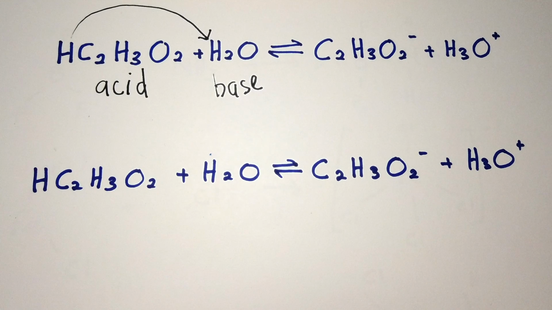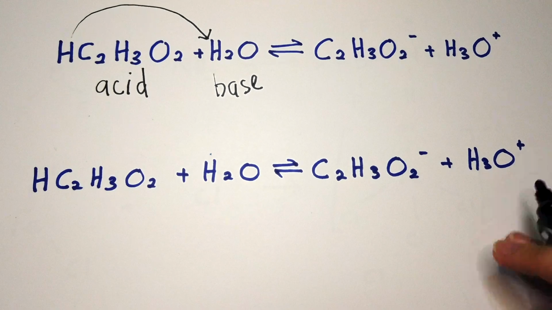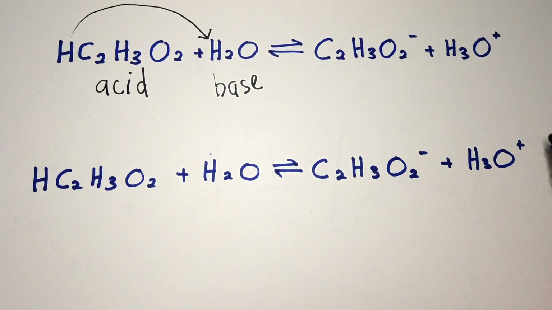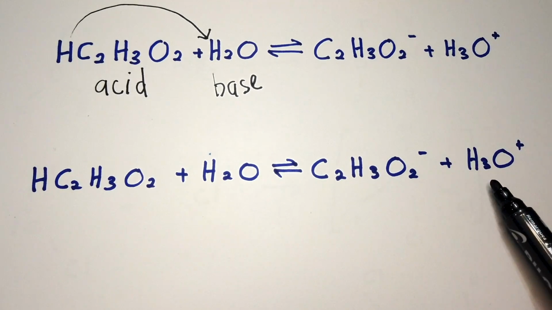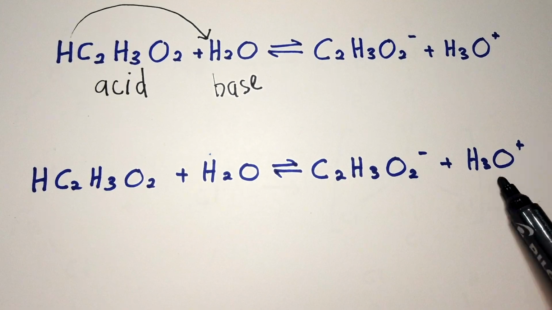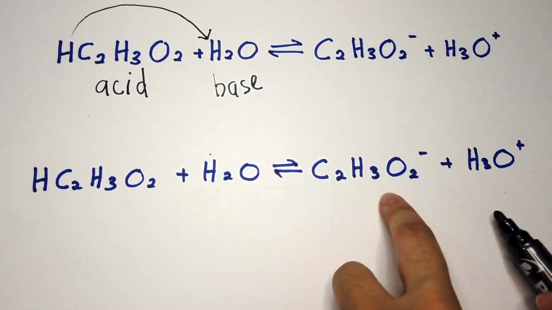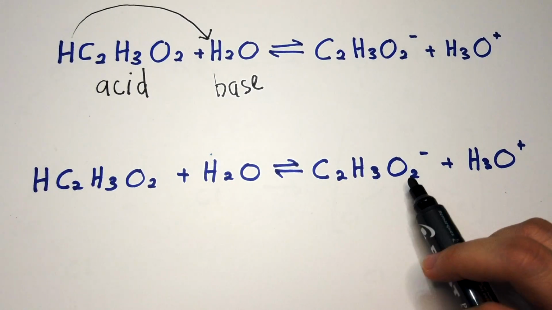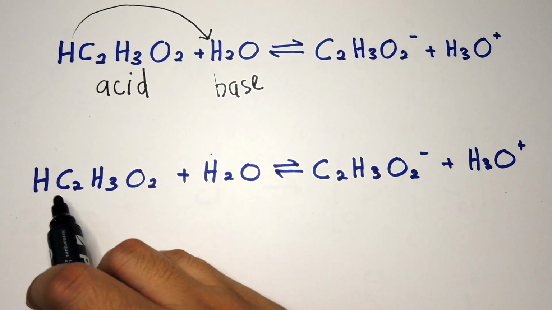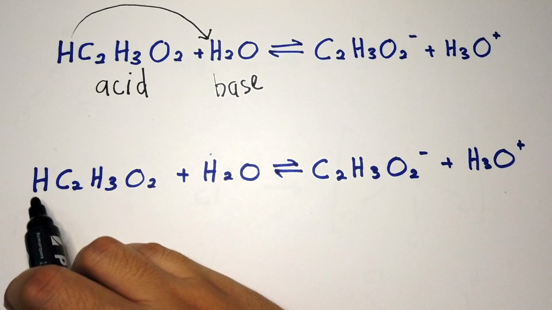Right, so now we are going to look at the same reaction but from the other side. We are going to look from the product to the reactant. If you look at the product, you will have the H3O+, the hydroxonium. From the H3O+, it will turn into H2O, and from the C2H3O2-, it will turn into HC2H3O2, which means that it will add one more H around here.